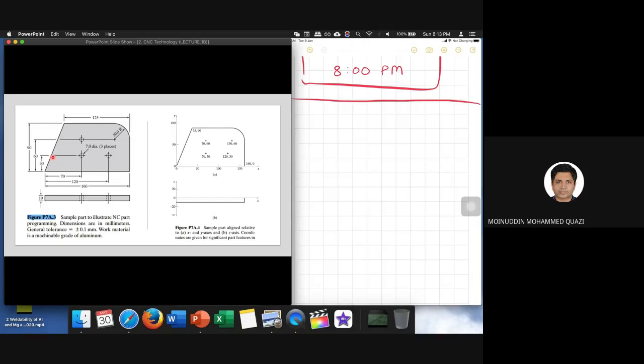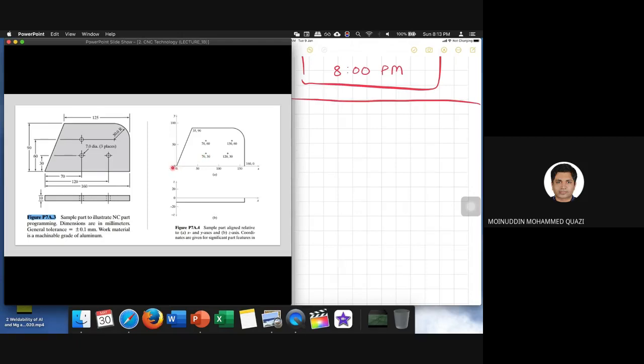In order to drill holes, we need to first know the dimensions of the holes, which are given in the diagram, as well as the position of the holes with respect to the origin. As you can see in the diagram, the position of the holes with respect to the origin is given.